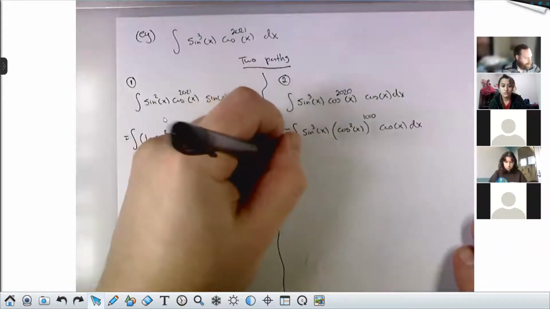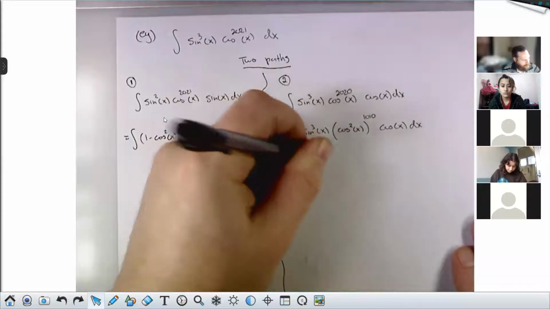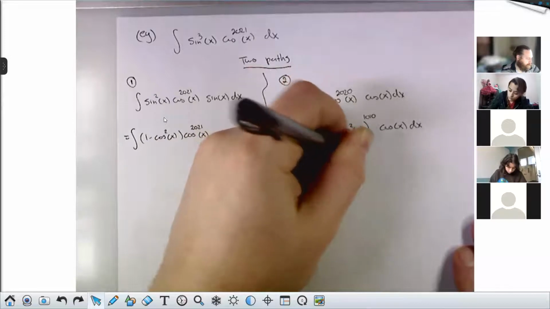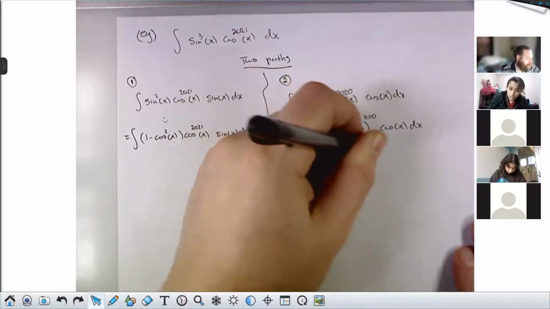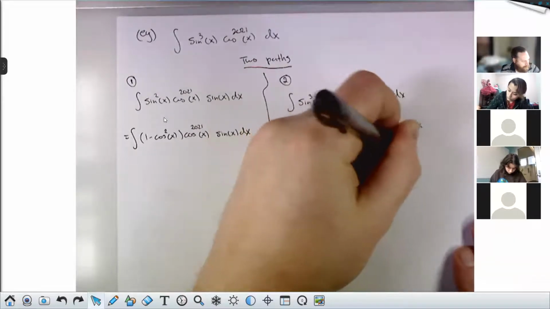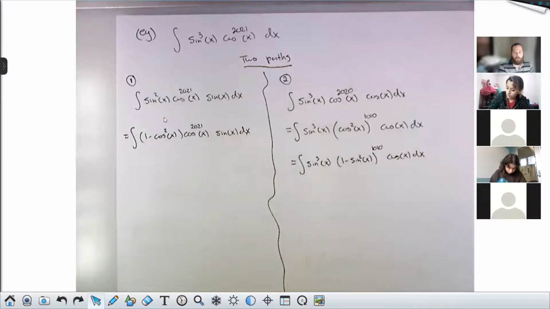And finally, that cos squared is 1 minus sine squared. So this is 1 minus sine squared x, all raised to the 1010, times cos x dx. Now these are both ready for the appropriate substitution.